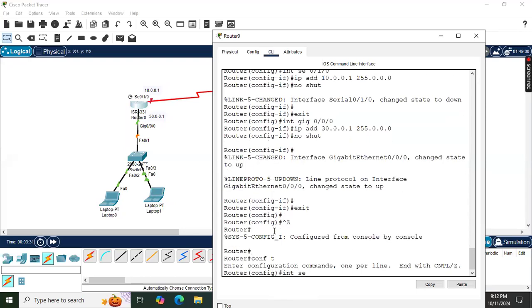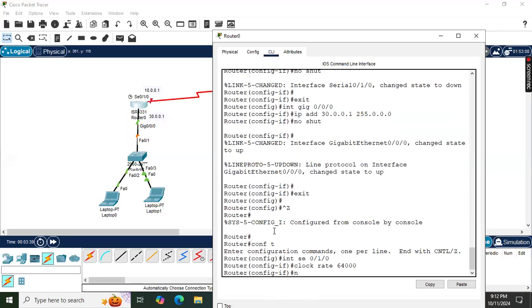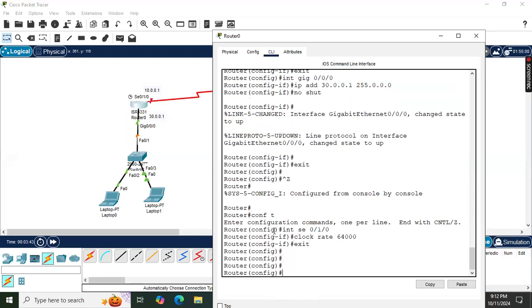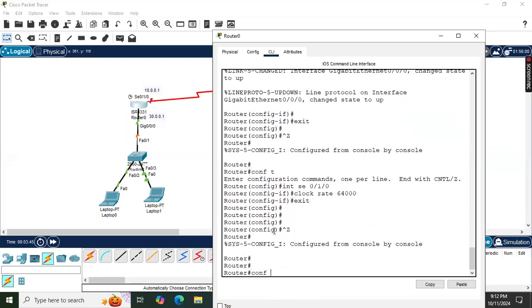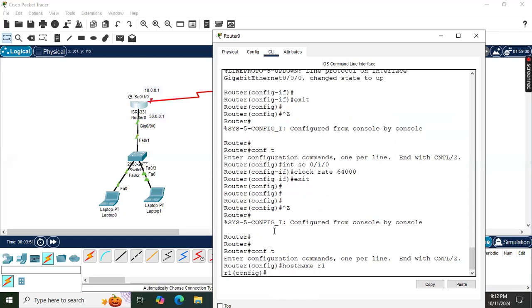Interface serial 0/1/0, enter. Clock rate 64,000, enter and exit. And change the host name as well. Just give the host name as R1.